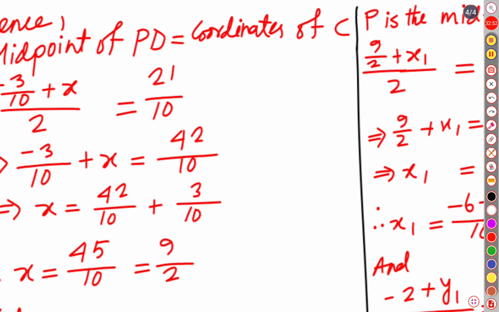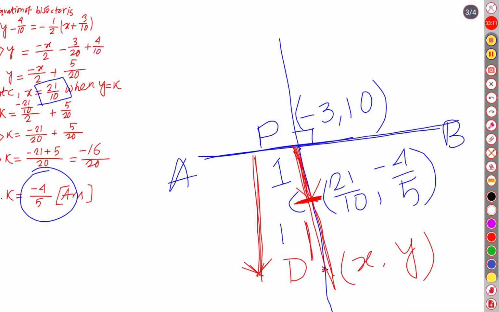Since the midpoint of PD is equal to the coordinates of C. Once again, I am repeating, the midpoint of PD is the coordinate of C. From P to D, they told that PD is twice of PC.